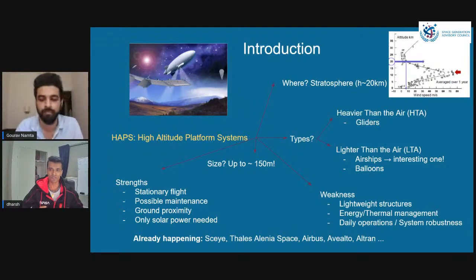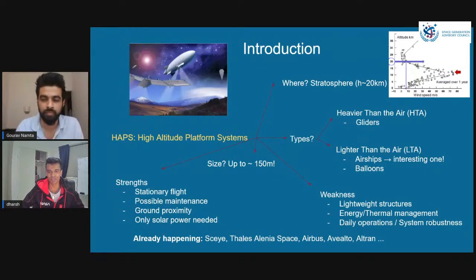There are two significant types of these. Some are known as HTA, heavier than air, which are gliders in design. Then you've got lighter than air, which are your airships and balloons. Previously, you might have heard of Loon, an attempt by Google to get these up. But it's already happening.